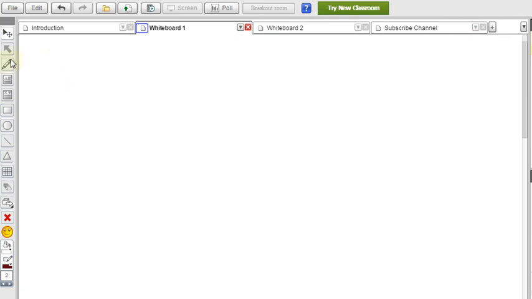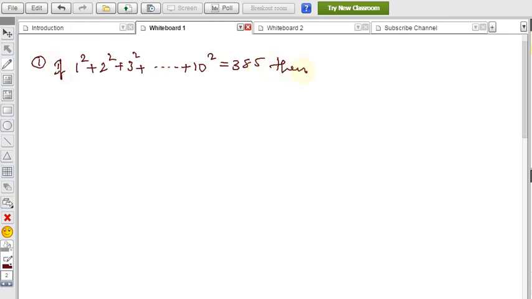If 1 square plus 2 square plus 3 square plus so on plus 10 square is equal to 385, then 2 square plus 4 square plus 6 square plus so on up to 20 square is equal to dash.